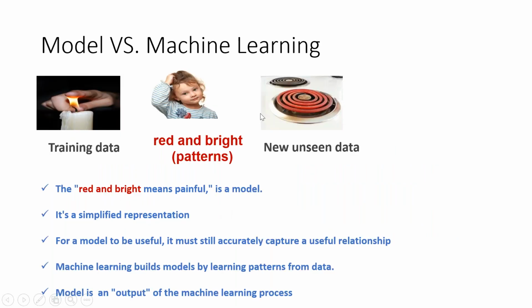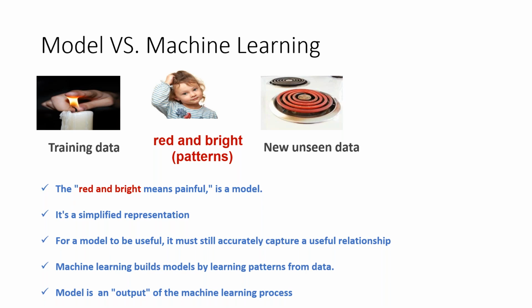That is important. And again, going back to our example of the machine learning definition, we talked about the story of the kid. The kid has actually created a very simple model. The kid has not created a very over complex representation of what she got trained on or experienced. She put in her mind, red and bright means pain. She doesn't understand thermodynamics.